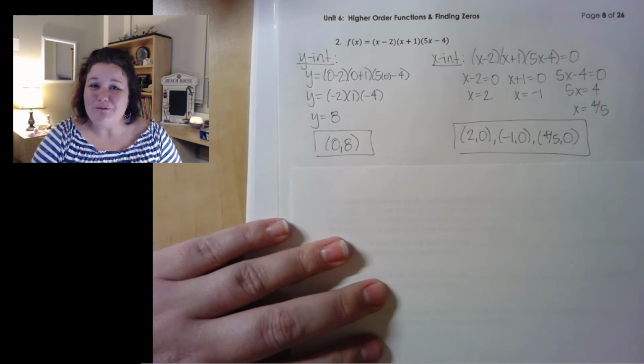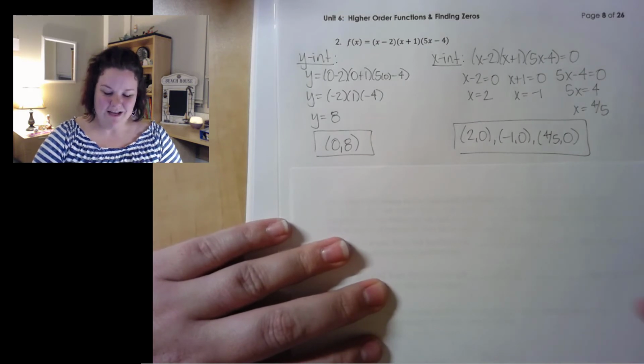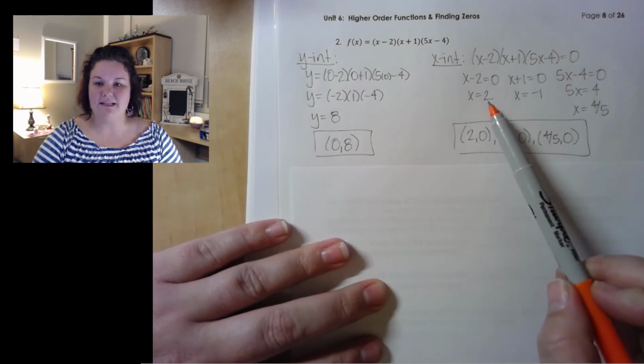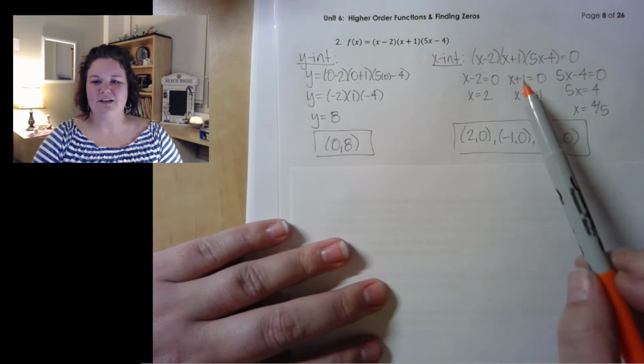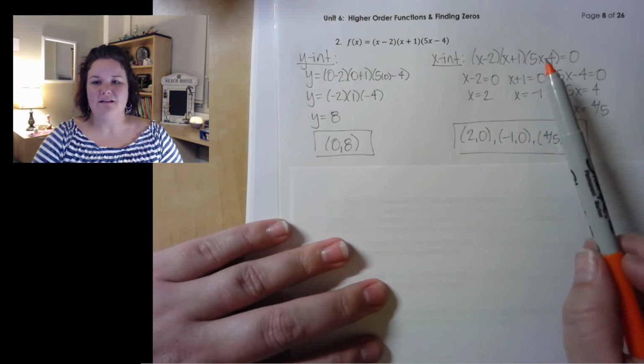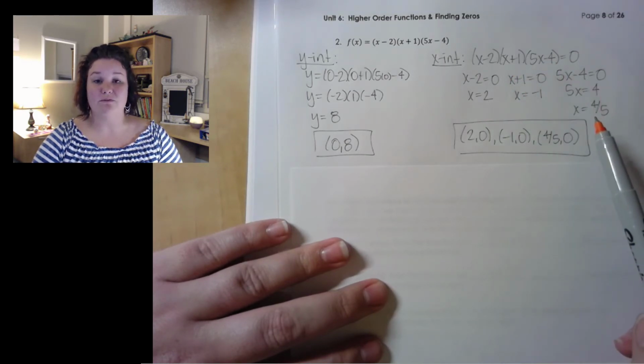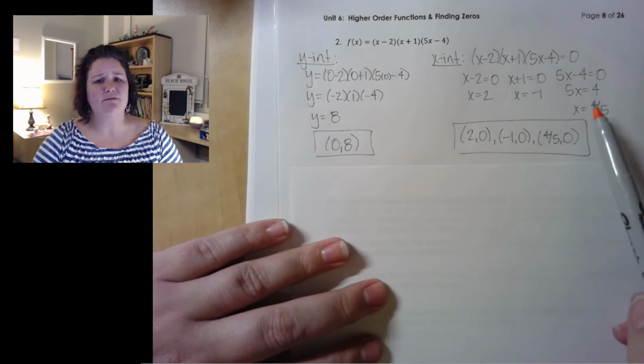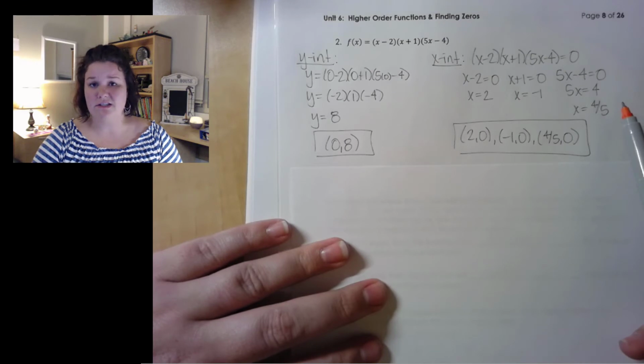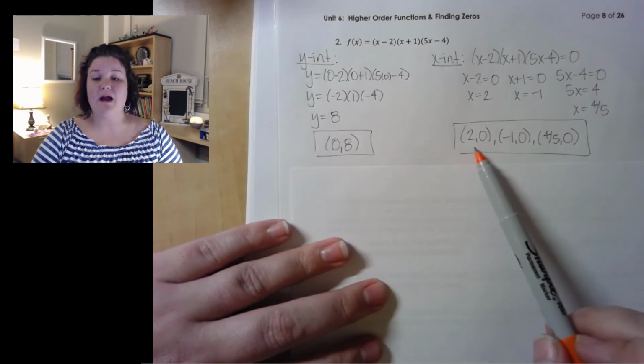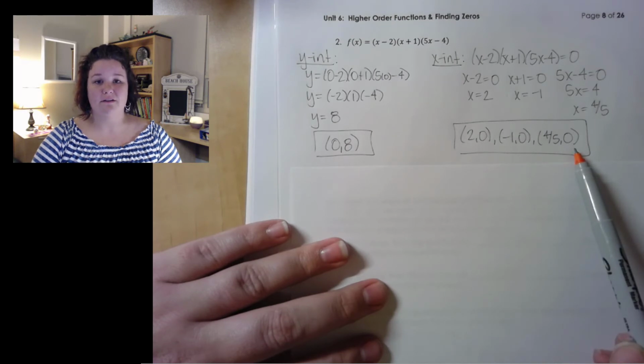So this one was already factored for us, which is much easier, right? So the first factor gives us x equals 2, second factor gives us x equals -1, and the last factor gives us x equals 4/5. So go ahead and leave that as a fraction. Don't turn it into a decimal unless the instructions in Newton tell you to do so, okay? All right, and then we write all of those as ordered pairs, all right?